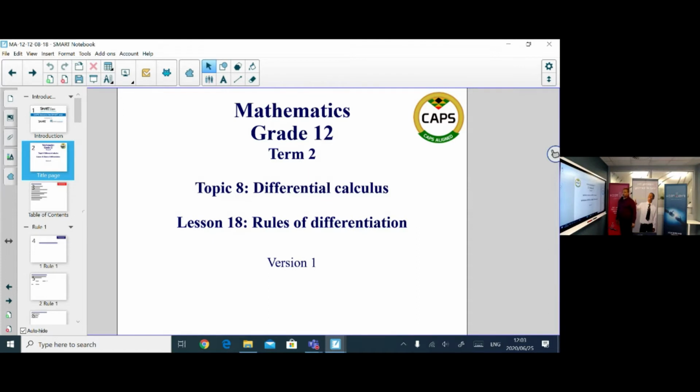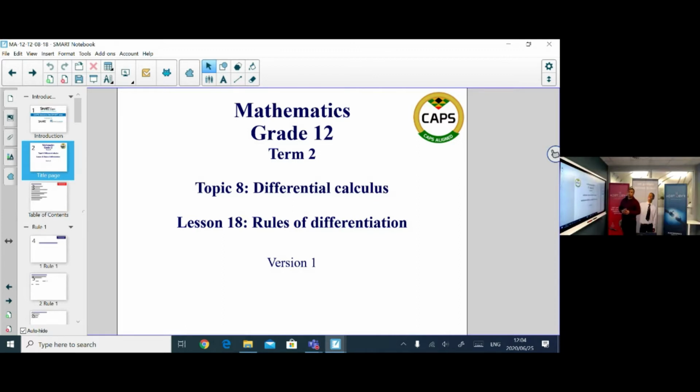Today, as I said, we are continuing with our topic of calculus, and today we are looking at the rules of differentiation under this grand topic of differential calculus. I was saying yesterday that the topic itself is very learned, and that's one of the key topics that set aside grade 12 from any other grade in your study of maths.